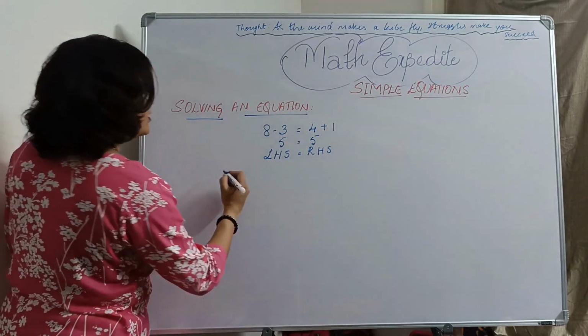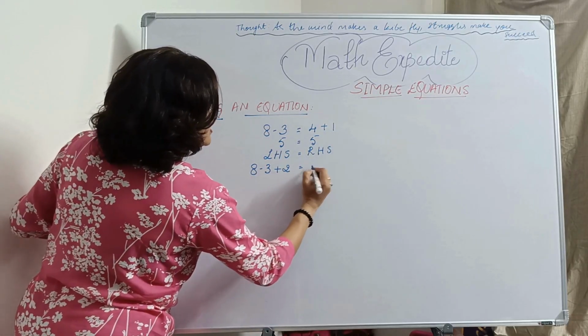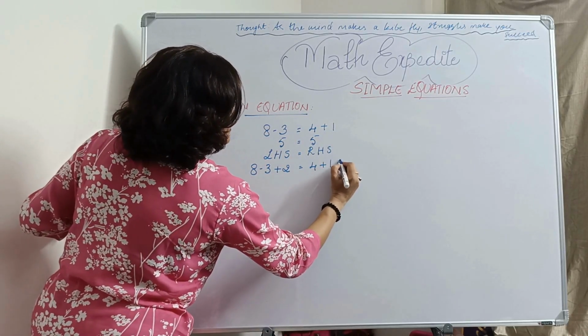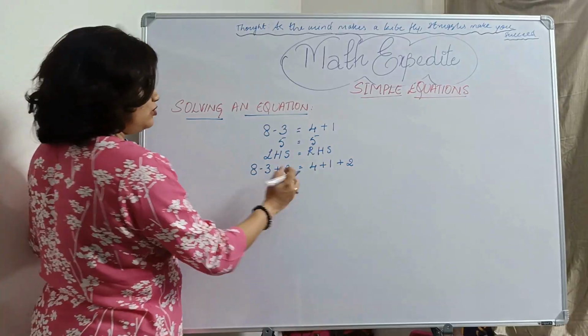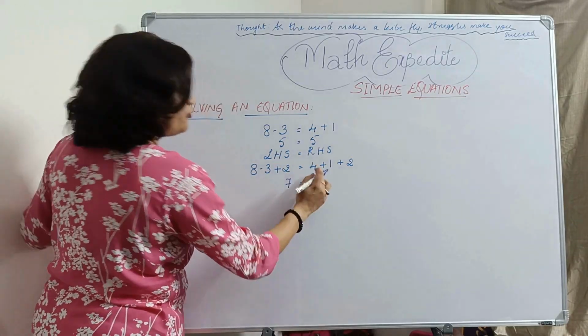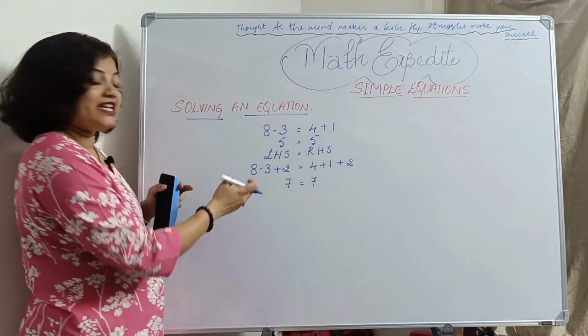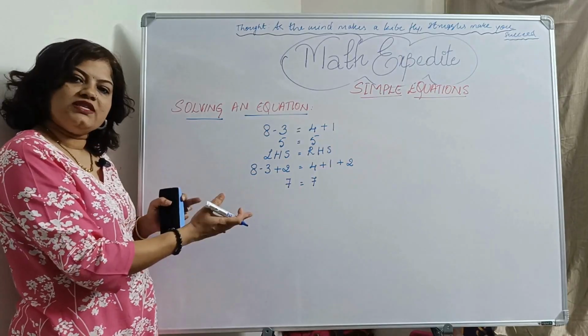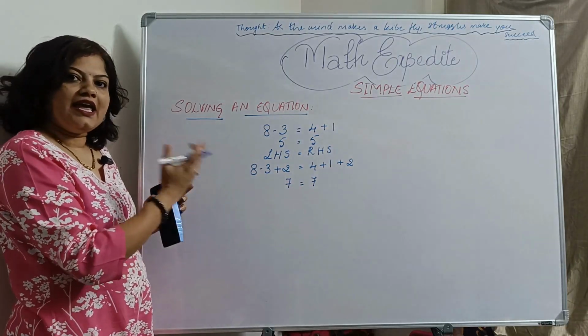So 8 minus 3 plus 2 equals 4 plus 1 plus 2. 8 minus 3 is 5, plus 2 is 7. Here 4 plus 1 is 5, plus 2 is 7. Here we can see that equality holds if we add the same number on both sides of the equality.